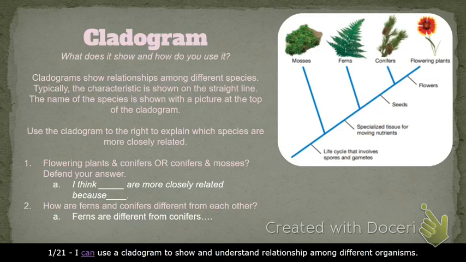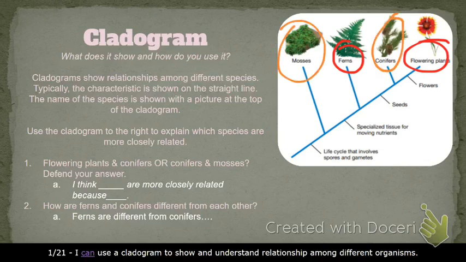A flowering plant is going to be closely related to a fern, but using this cladogram, which one do you think it's going to be more closely related to, the conifers or the mosses?